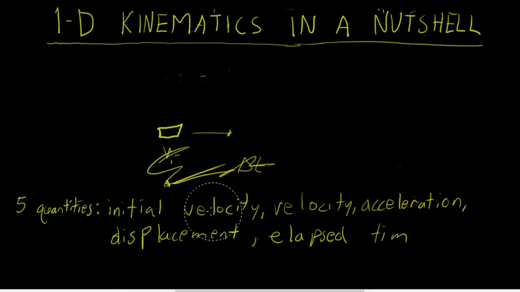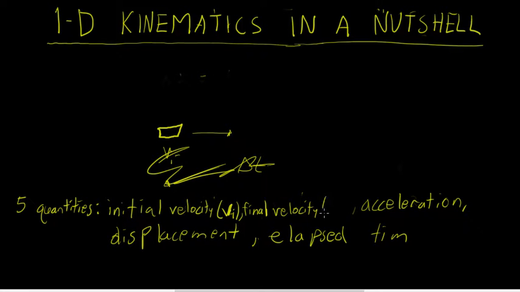Initial velocity is often noted v with the subscript i. Final velocity is denoted v with a subscript f. Acceleration is usually denoted a.